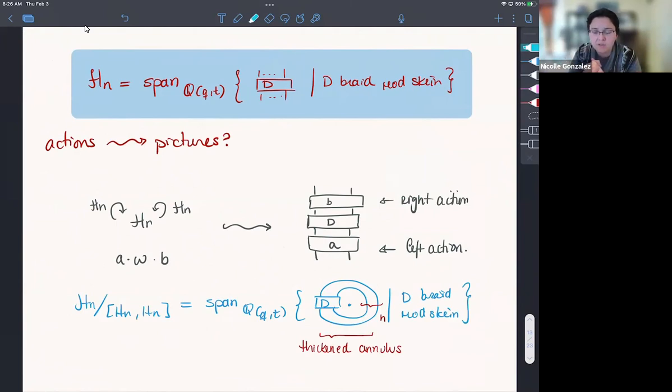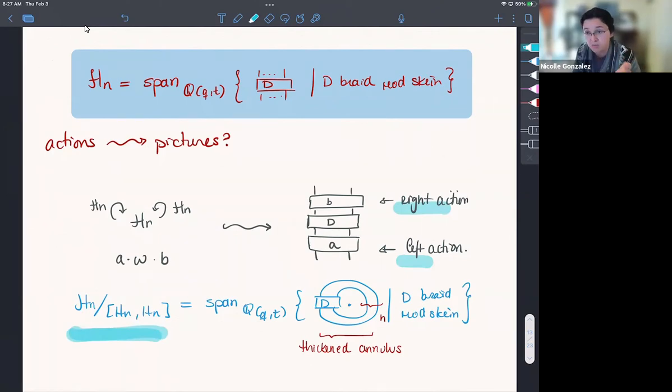How does that translate to diagrams? The left action and the right action are just conjugation by diagrams on the top and on the bottom. So if we take the cocenter, quotienting by the set of all commutators, that's analogous to saying that the right action and the left action are the same. It just corresponds to taking our diagrams and closing them around a thickened annulus. And that allows us to see immediately that this cocenter is really just the span of braid diagrams mod skein closed around an annulus.